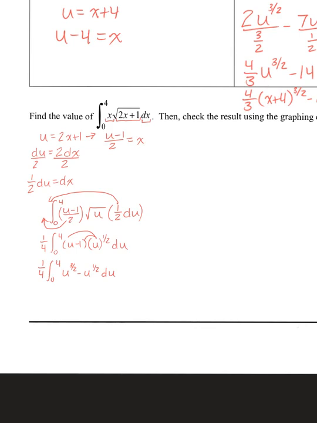Okay, now I can integrate this, so I will get 1/4 u to the 5/2 divided by 5/2 minus u to the 3/2 divided by 3/2 plus c. And again, this is all evaluated from 0 to 4. So let's continue up here.